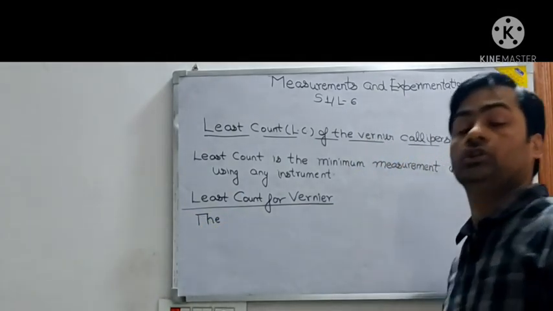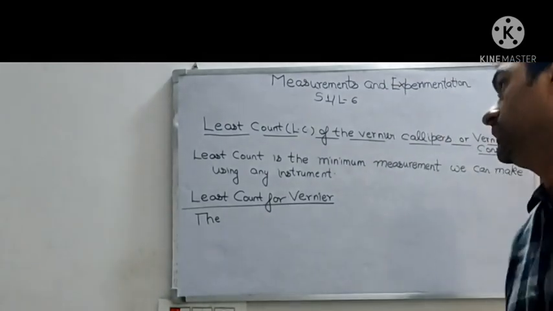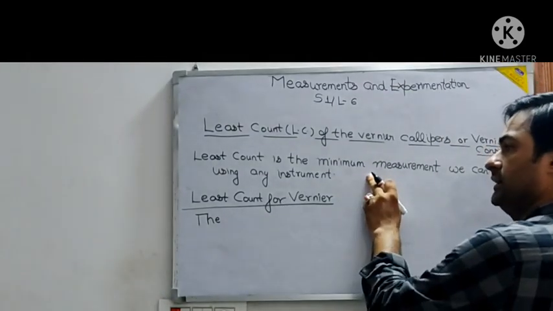In fact, if the question comes in the exam, what is the least count for vernier calipers, you will write this only. If it comes as a general question, you can write this one.